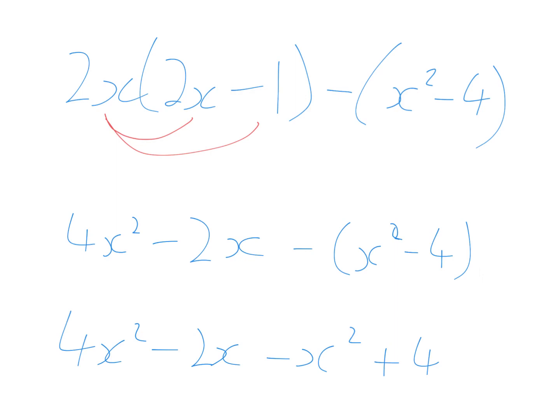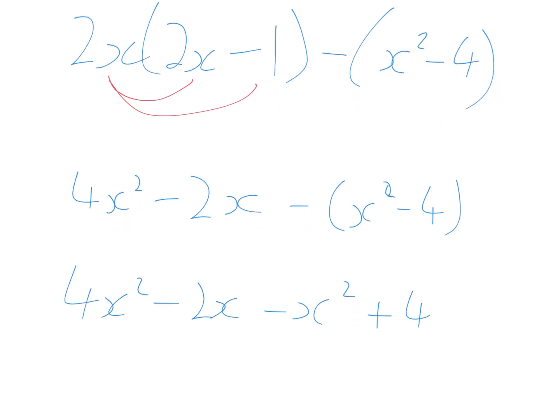Minus a minus is a plus, because we are taking away x squared, and we're taking away minus 4. Handy shortcut if you just want to get through these quickly is a minus outside the bracket with no number here. Just means flip the sign of everything inside. So we flip the x squared to become a minus x squared. We flip the minus 4 to become a plus 4.